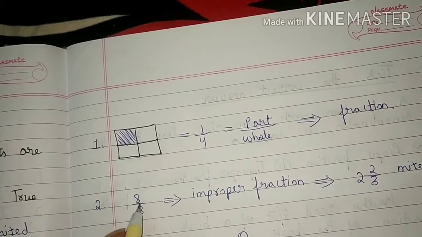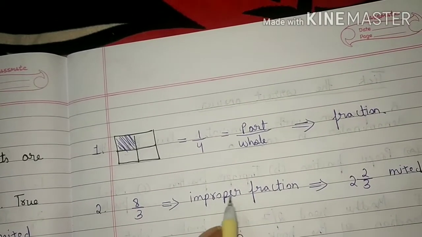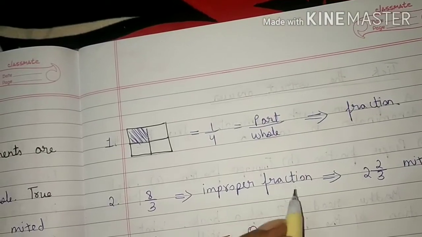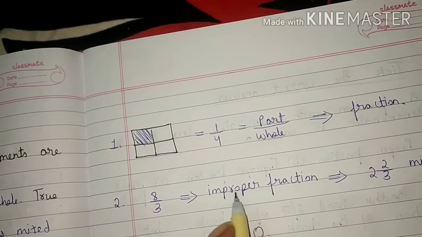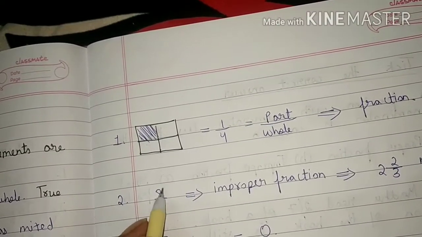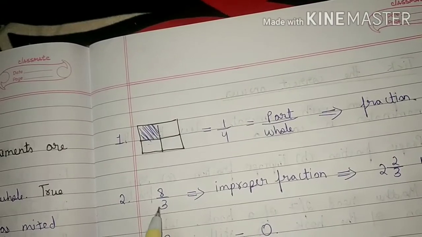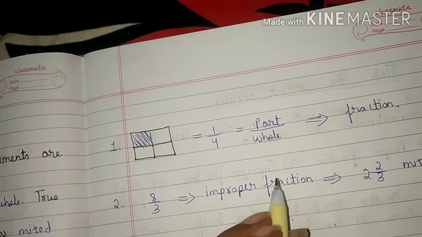So students, 8 by 3. This type of fraction, we call it improper fraction. Because improper fractions are those fractions in which numerator is greater than the denominator. You can see here 8 is greater than the 3. And this type of fraction, we call it improper fraction.